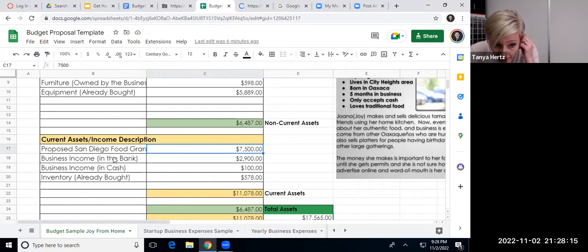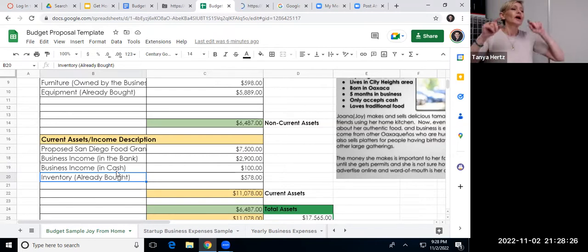Okay. And then any income that you have right now from the business, any income in the bank, any income in cash that you have from the business, and any inventory that you already bought. So how is inventory different than equipment, right? Equipment is something that doesn't get used up when you use it. A supply or inventory gets used up when you use it.